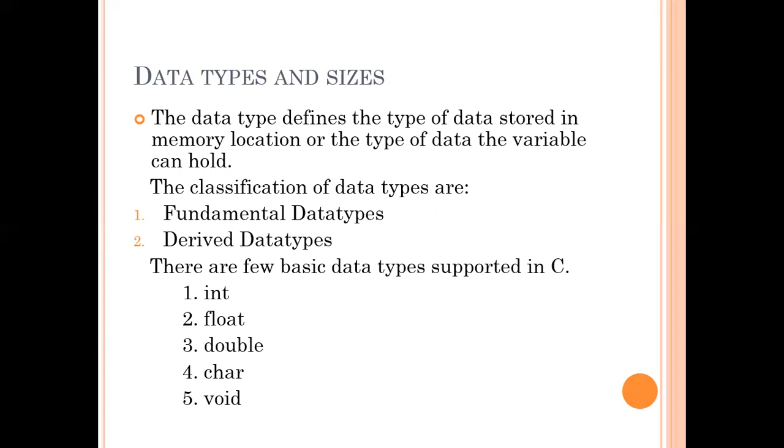Auto means it's a local variable known only to the function in which it is declared. Static means a local variable which exists and retains its value even after the control is transferred to the calling function. Extern means it's a global variable known to all the functions in the file. Register means it's a local variable which is stored in the register.